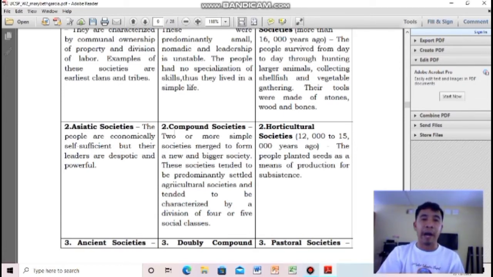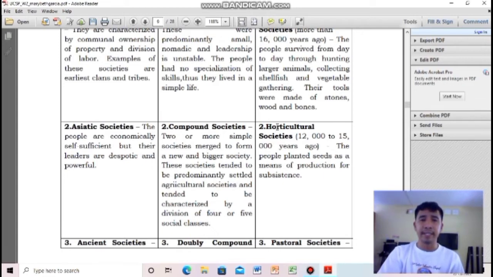From the word compound, it composes of 2 or more simple societies. No? Usually, they are divided into 5 social classes ang compound societies. And usually they are agricultural, kumbaga pangunguma kag pangingisda, no, o pangunguma.